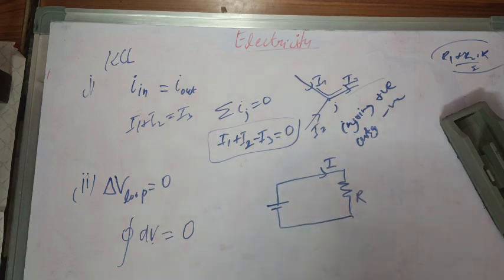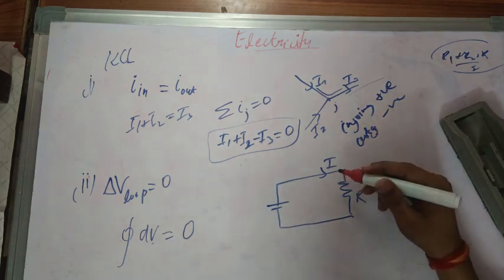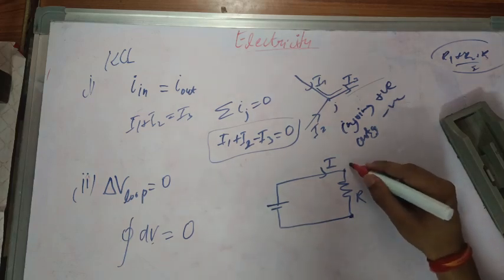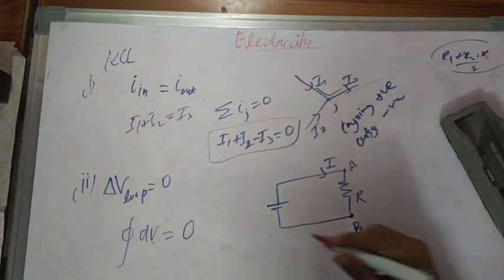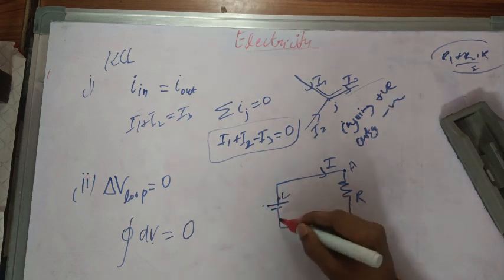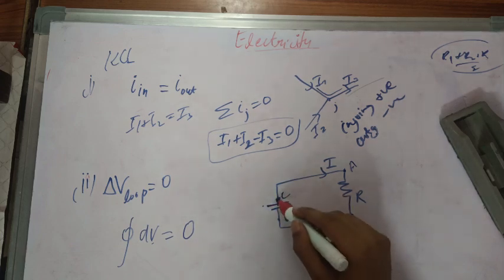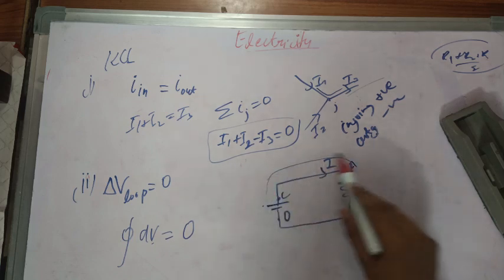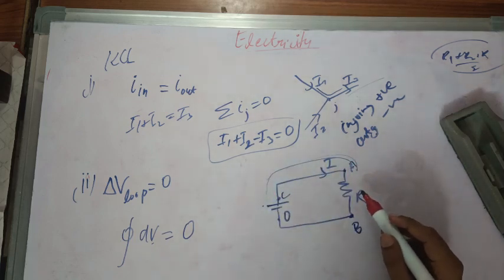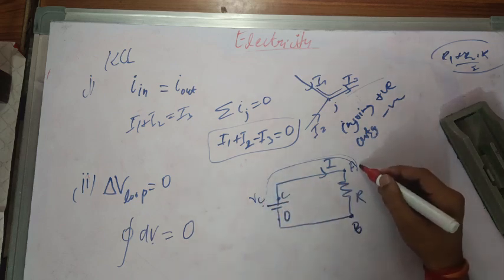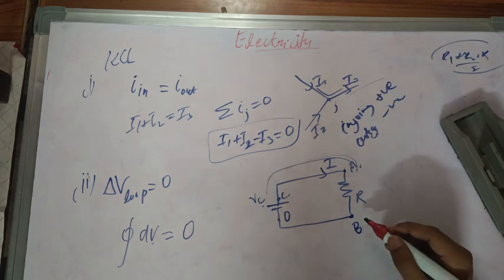Then in this case, let's say this is point A, this is point B, and this is point C. Starting from the C point, there is no potential change from this end to this end. This is VC, and now this is the potential change from A to B.